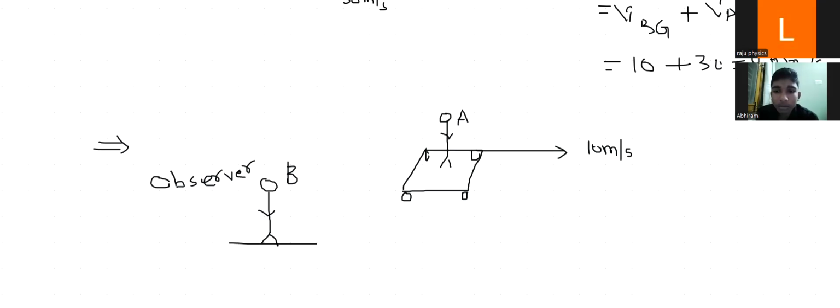I don't ask the magnitude of velocity, I'm just asking what the relative velocity of A with respect to B is. 10 meters per second.